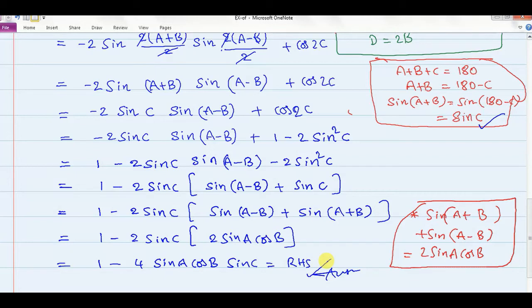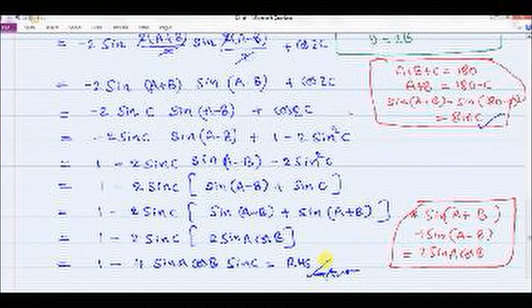Write down 2 sine a cos b. Now this is the last step. 1 minus 2 twos are 4 sine a cos b and sine c, which is the right hand side.